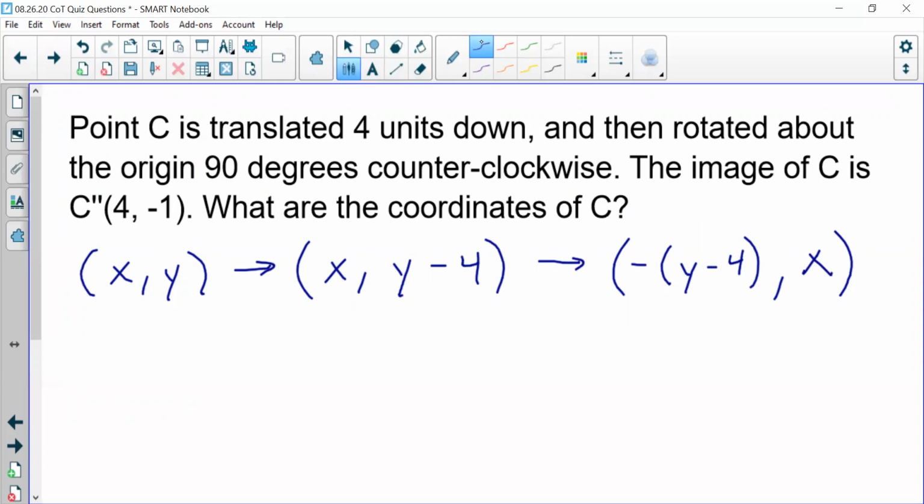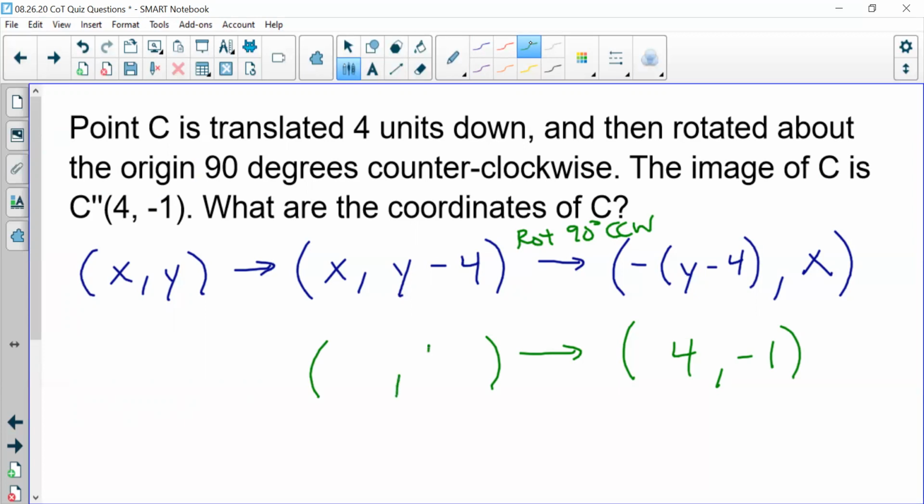But we're having to work backwards now. So we ended up at (4, negative 1). We have to do this backwards, so think about what happened last. We had the rotation 90 degrees counterclockwise, where x and y flipped spots. So we need to flip spots again and have the 4 be the y coordinate and the negative 1 be the x coordinate. But the other thing that happened was that our y came in negative.